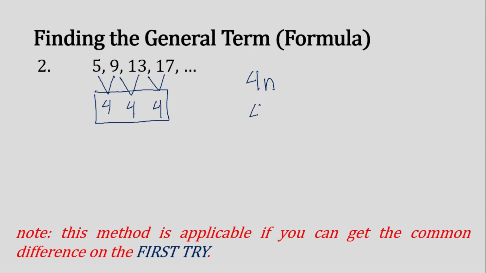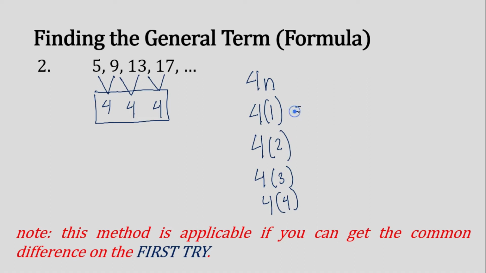So we have 4 multiplied by 1 for the first term, then 4 multiplied by 2 for the second term, 4 multiplied by 3 for the third term, and 4 multiplied by 4 to get the fourth term.